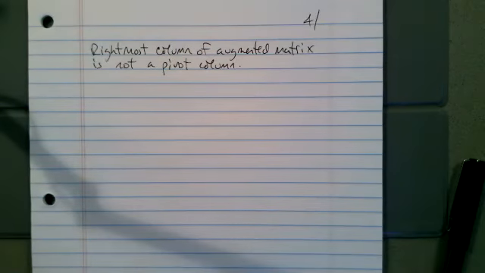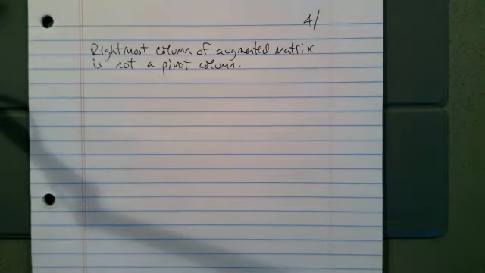We could also say there is not a pivot in the rightmost column of the augmented matrix. Dangerous to say it that way, because some of you will say there is no pivot, and then all of a sudden you'll start using that language and you'll write something wrong. The rightmost column of the augmented matrix is not a pivot column.